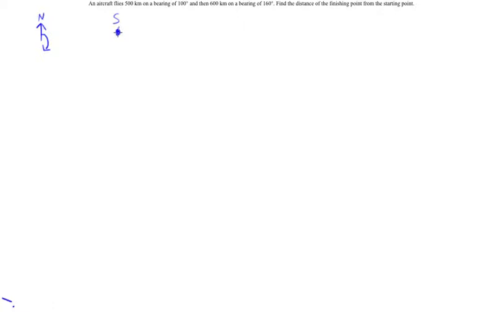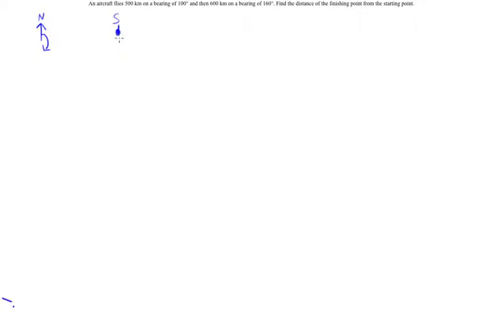So if this is north, and I'm looking at 100 degrees, I'm not going to break out a protractor right now. I'm not going to measure this and do this perfectly to scale. This is a problem where it doesn't say to do a scale drawing, and we can actually figure this out pretty simply just by using some calculations.